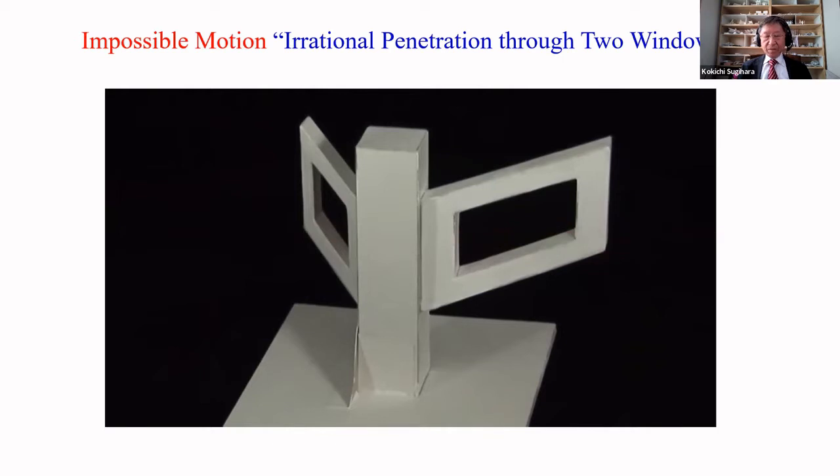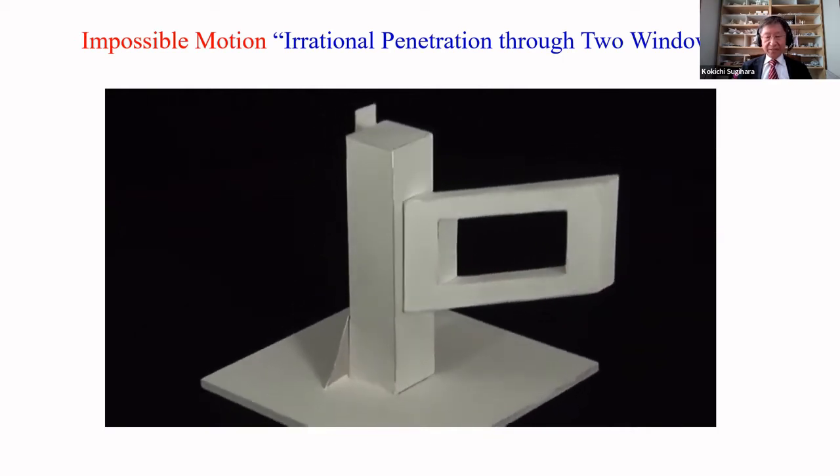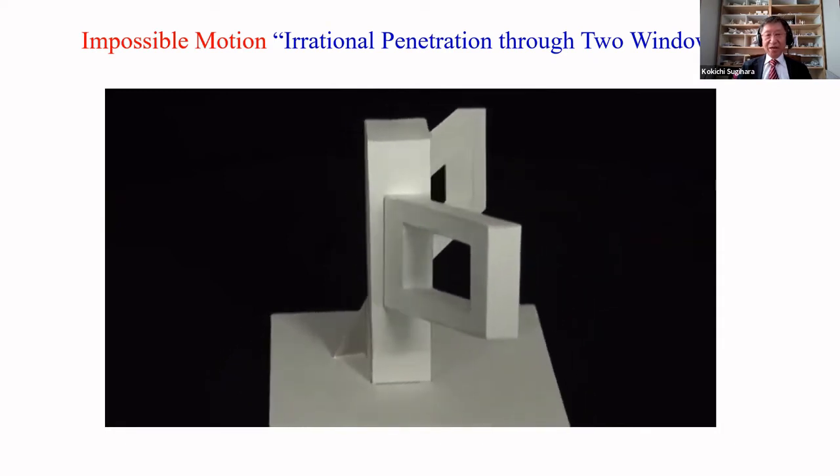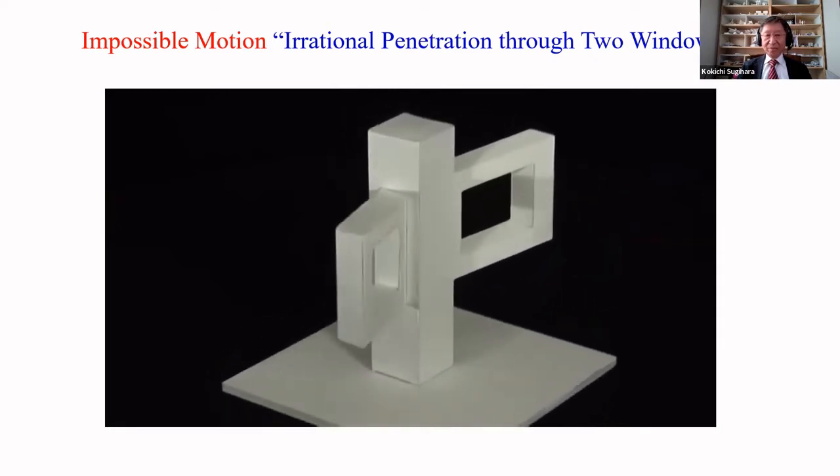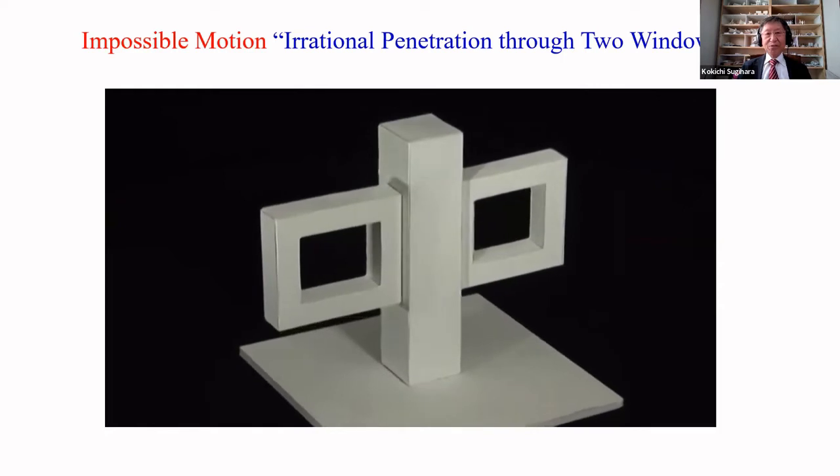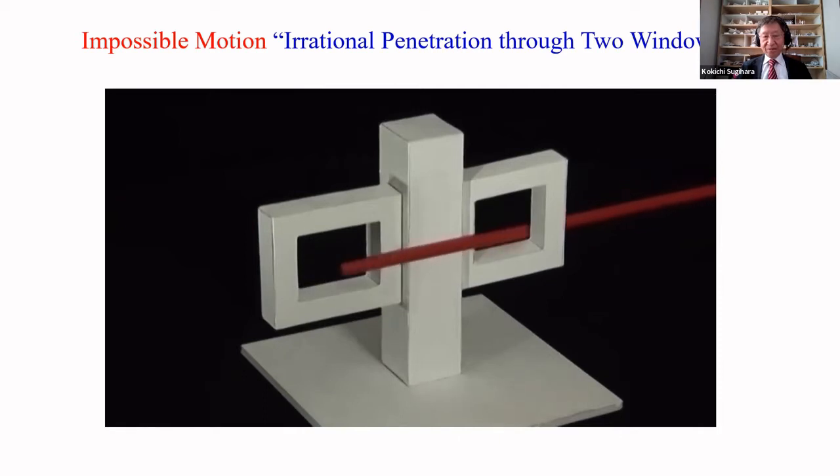And an interesting point is that from this viewpoint, we understand the real, actual shape of the object. But if we go back to the initial viewpoint, our brains again automatically perceive the rectangular angles, windows. And so we can perceive this impossible motion illusion again and again.